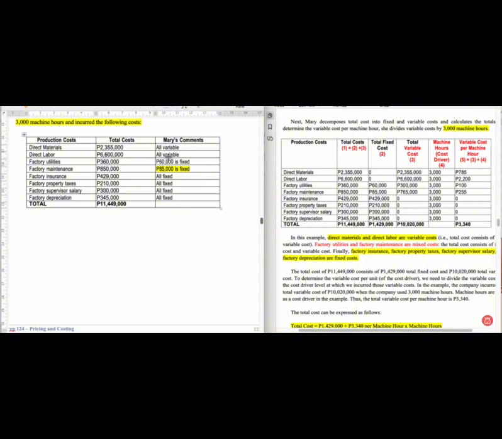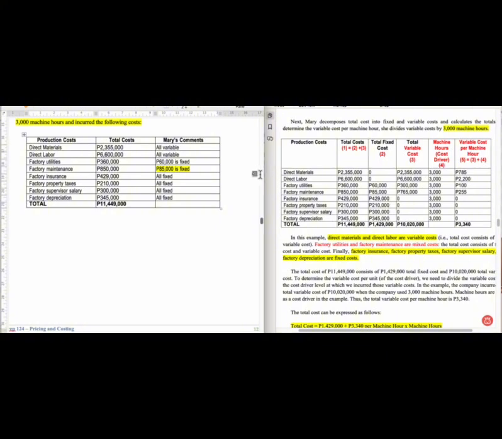What's the next thing to do? Lay out the fixed cost and the variable cost, and also the variable cost per machine hour. Let us base our solution on Mary's comments.